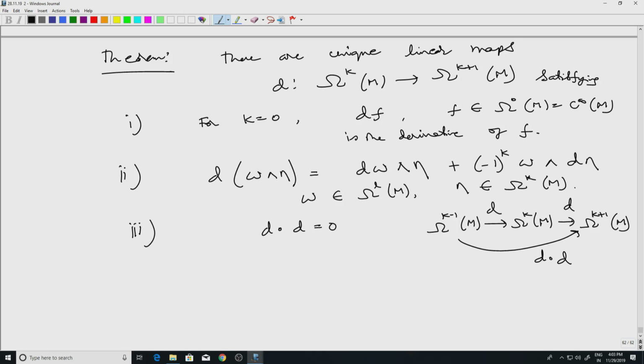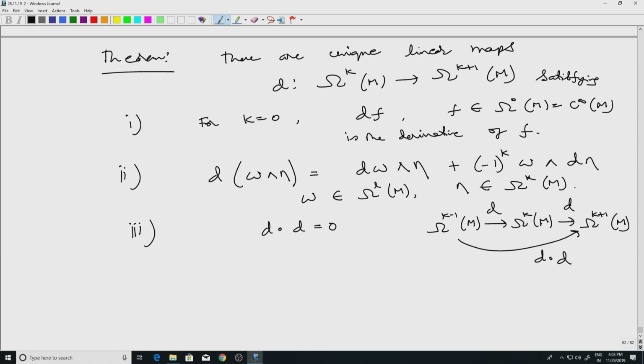Naively, d composed with d would be the second derivative, and we would be saying that the second derivative of any (k-1)-form is 0, which doesn't quite make sense. It's a somewhat subtle thing, but at any rate, d cannot be regarded as just a derivative in any usual sense. It's something more than that.